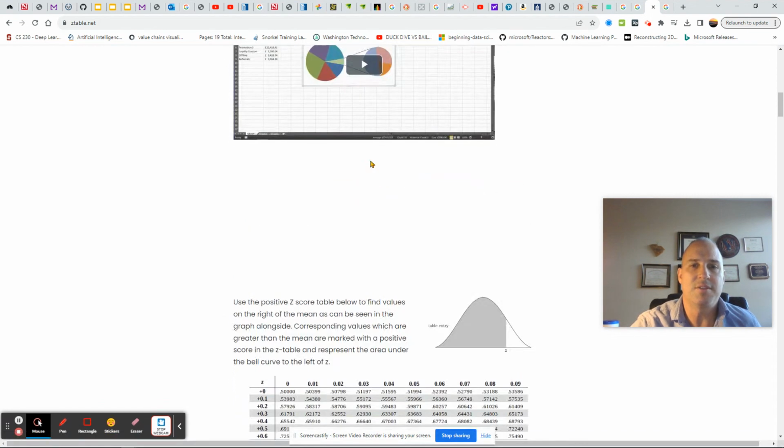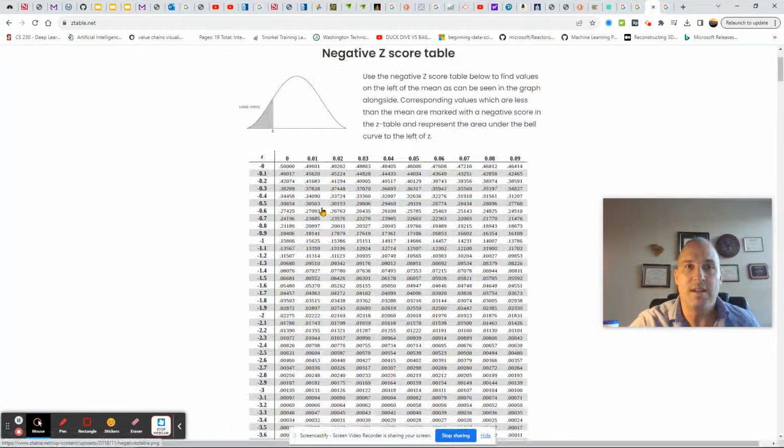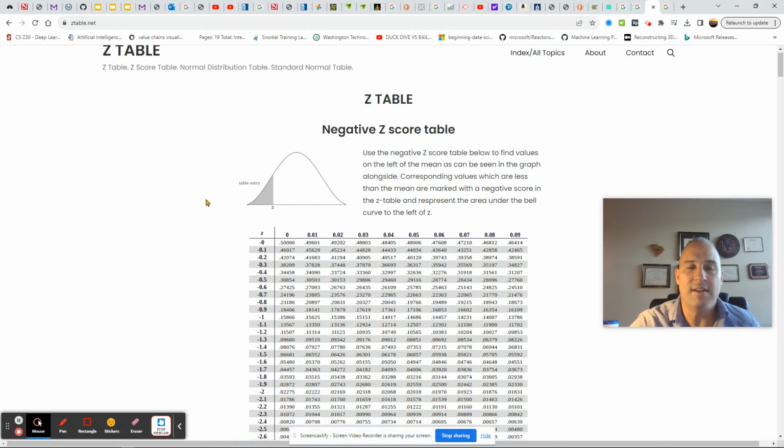And guess what? We also have this positive z-table. This positive z-table is looking at when we go to the right of the distribution, or to the right of the mean. So the positive is when we're to the right of the mean. The negative is when we're looking at the area to the left of the mean.